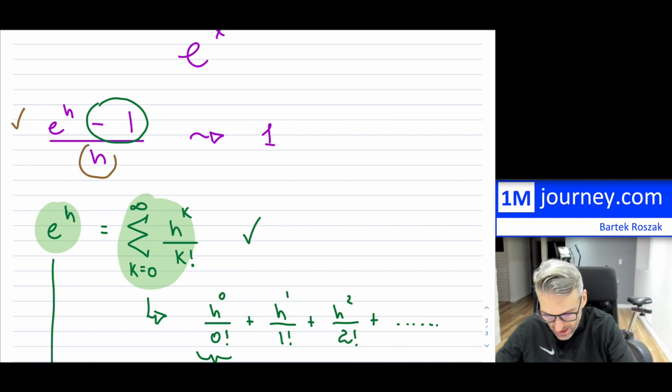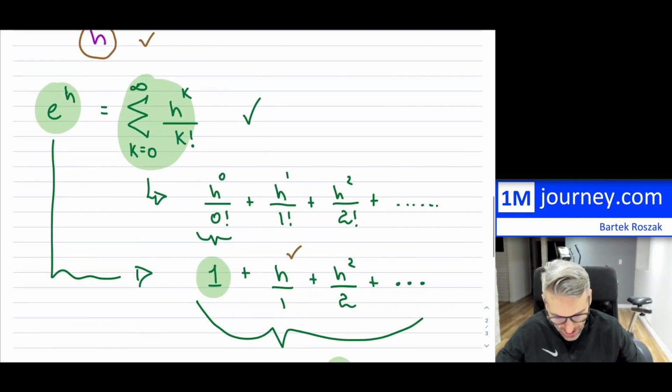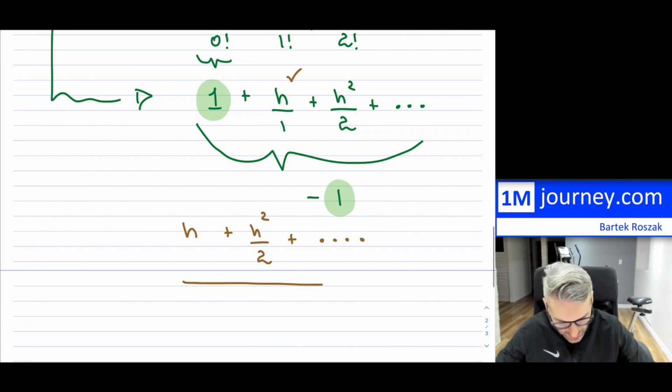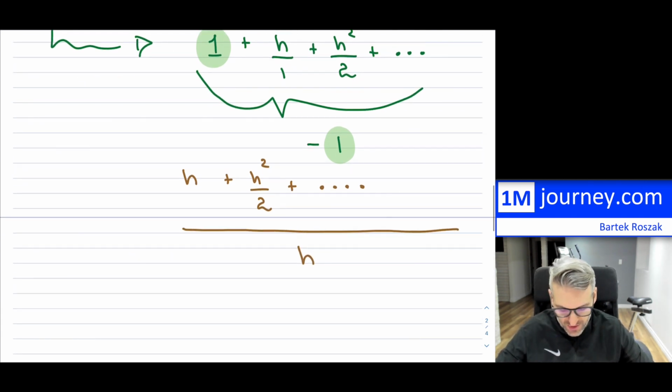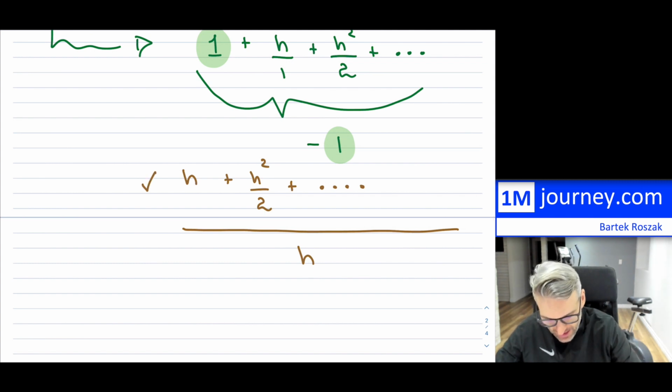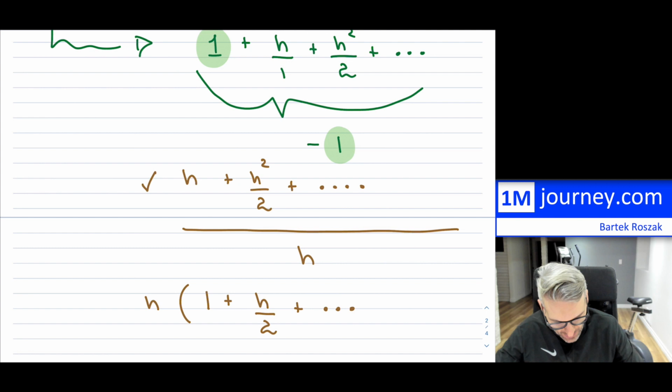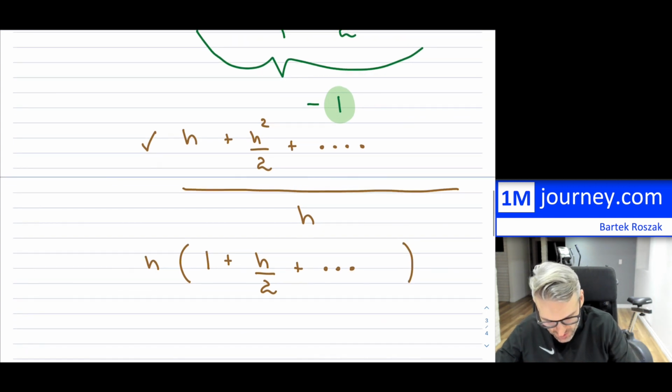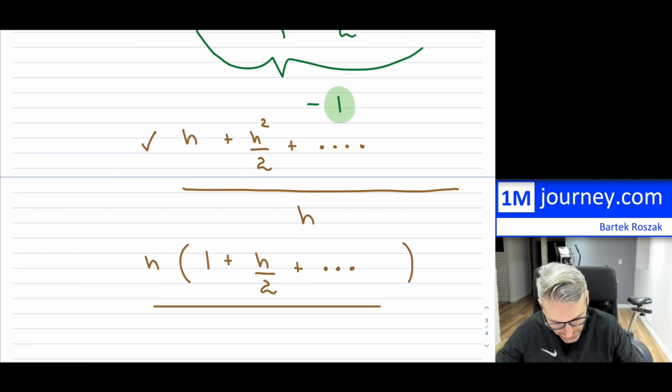Now, when I divide by h, if I take this whole thing and divide it by h, what do you notice? I can certainly take out an h from here. So this is going to be h, and then this is going to be 1 plus, and now on the second one, this is going to be just h, no longer h squared over 2, plus dot, dot, dot, etc. And this is supposed to be divided by h.